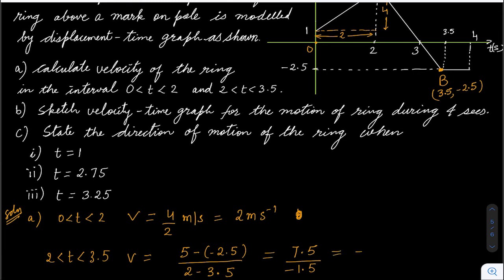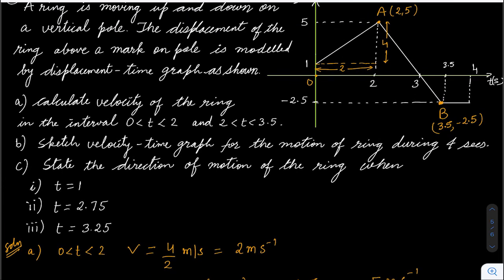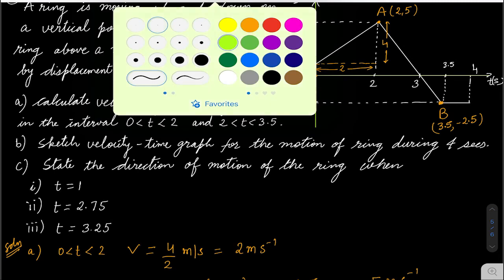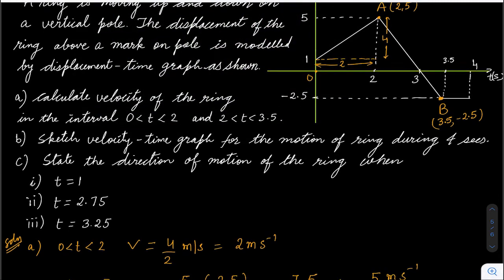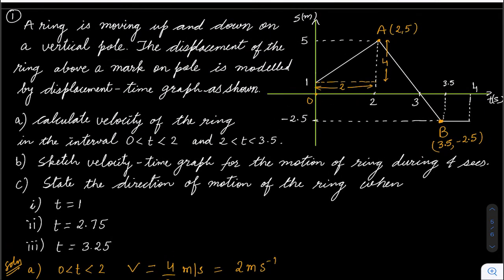I think this is 5. So minus 5 meter per second. Negative, yep, of course it's negative. We have done this: this line has negative gradient, so obviously velocity will be negative. That's why the answer is negative. So velocity is minus 5.